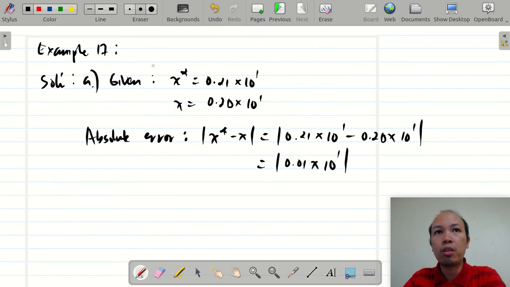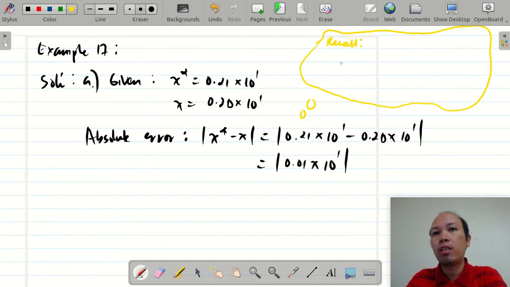Just recall your algebra. Let's have a bubble thought here. 0.21 times 10 to the 1, and 10 to the 1, as you have noticed, they are the same. 10 to the 1 is just like x. Imagine that it is 0.21 x minus 0.20 x.